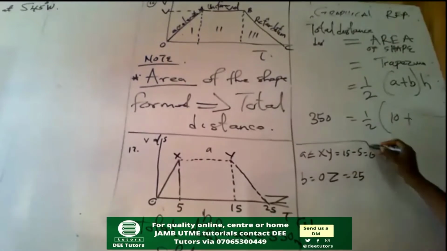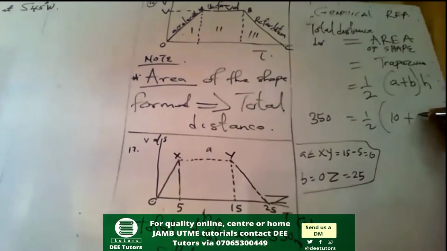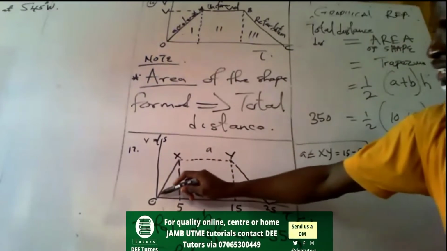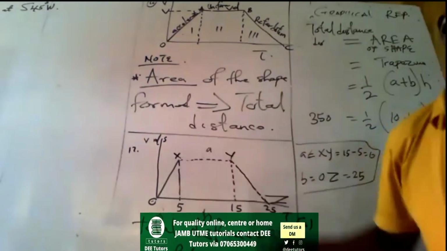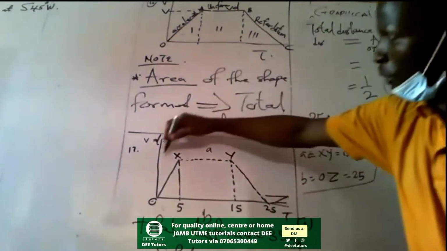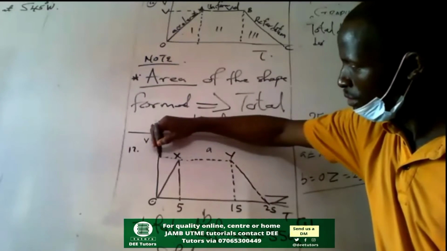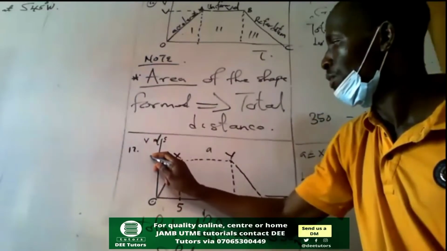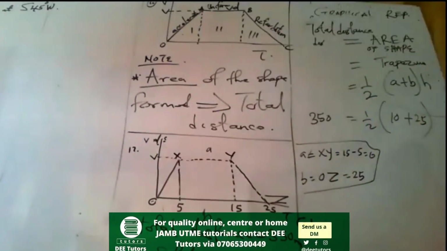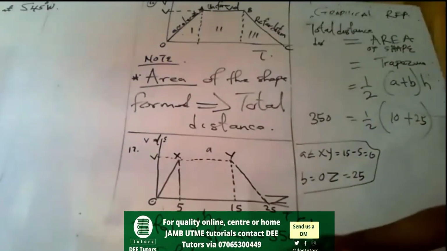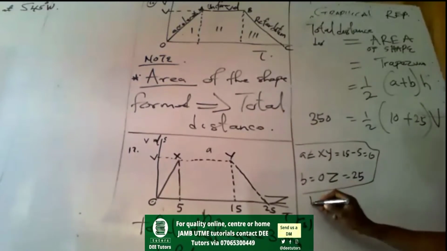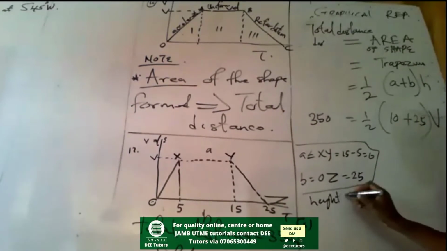Now our height, let me label it V. Our height is the V that we don't know, the velocity. And having known that one, there will be a way out. So our height is V.